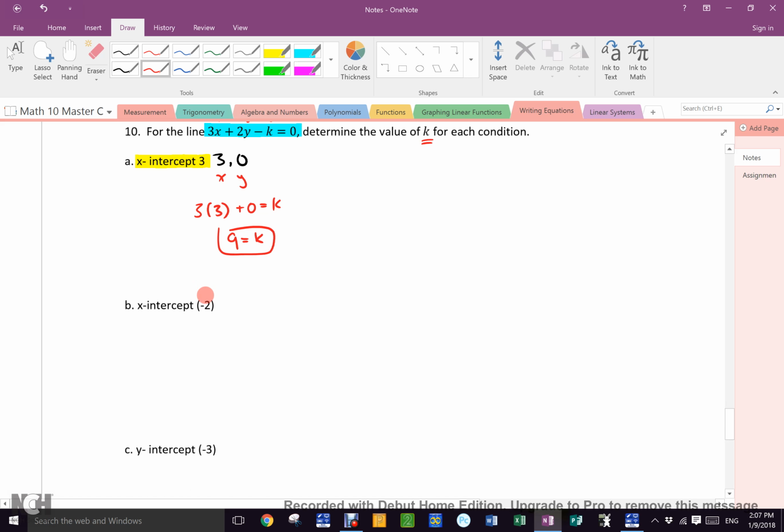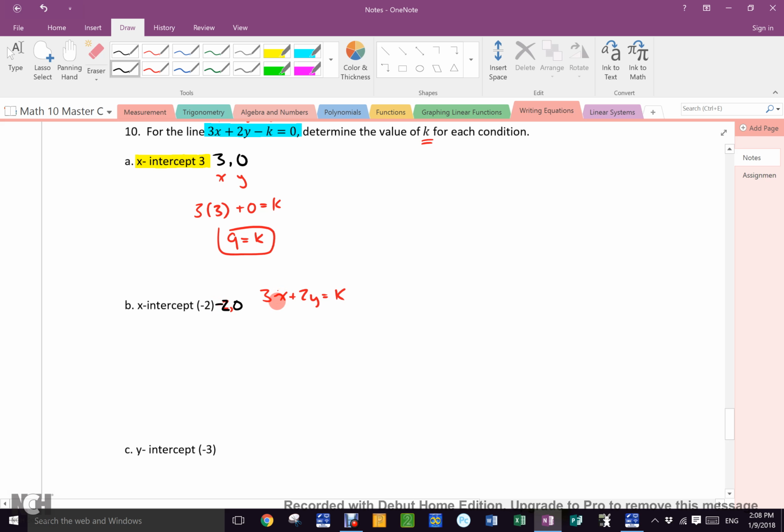What's this? Remember, we know that 3x plus 2y has to equal k. What is that point right there? What's the x and the y for that? -2 and 0.